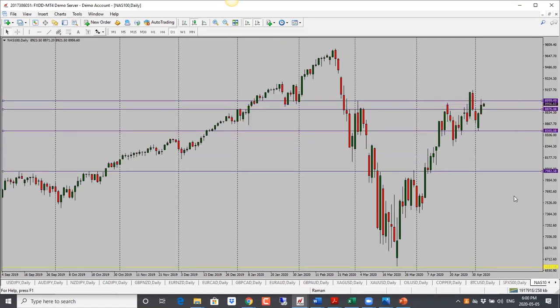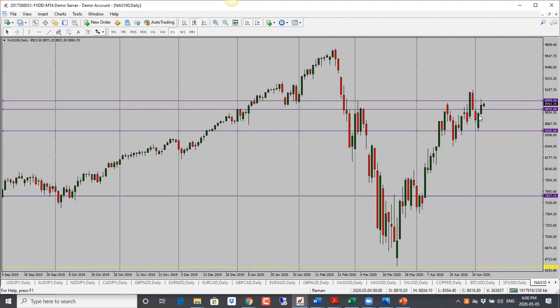Nasdaq here, same thing. We see that price did go up yesterday, but now one, it's into resistance. Secondly, we do have this wick on the top, which again shows rejection of that level. So right now I would look for a retest potentially of the 9,000 level, and if it holds below, I'm looking for a move back down.